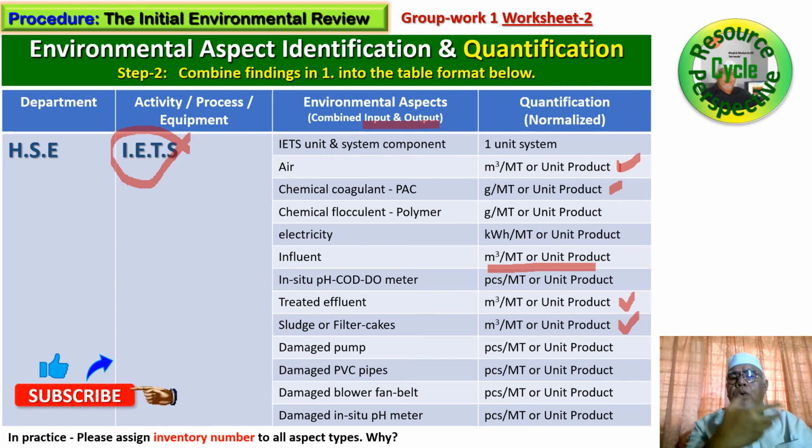The same thing when we do environmental management system, we need to know how much of these environmental aspects are involved in the production of per metric ton of our product or per unit of our product. Simple as that. I hope this is adequate for your comprehension.